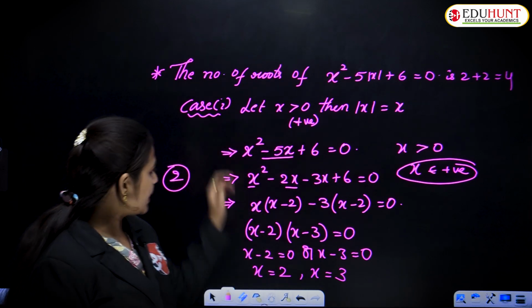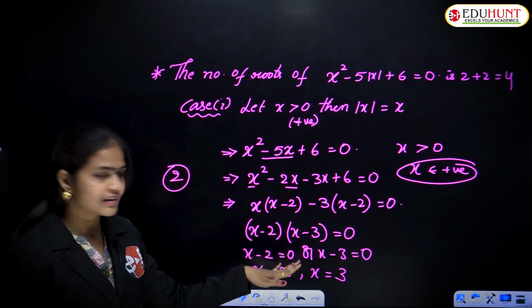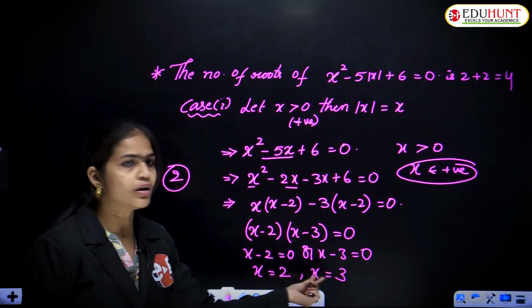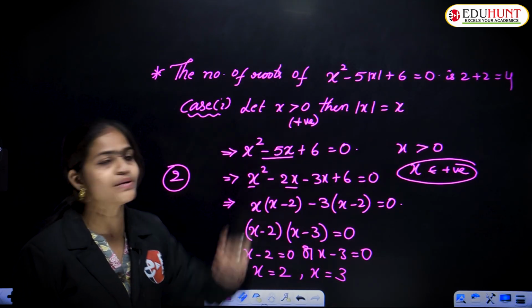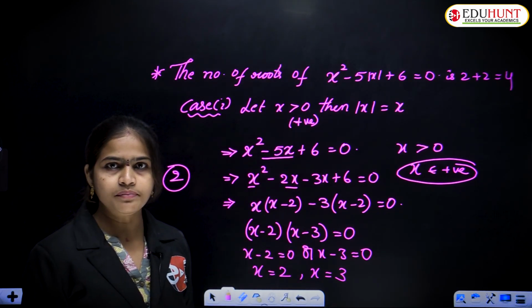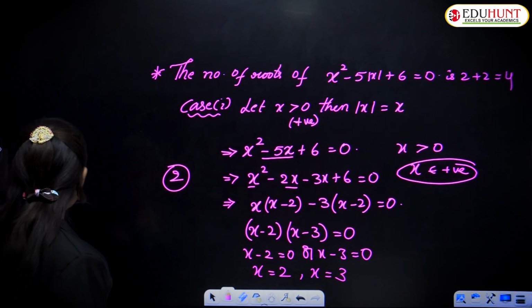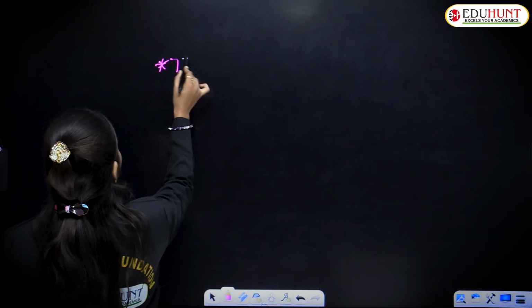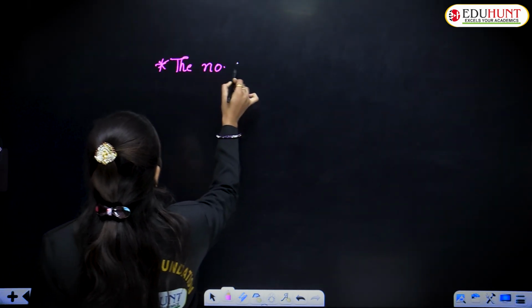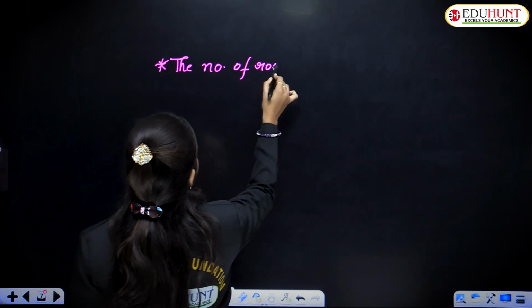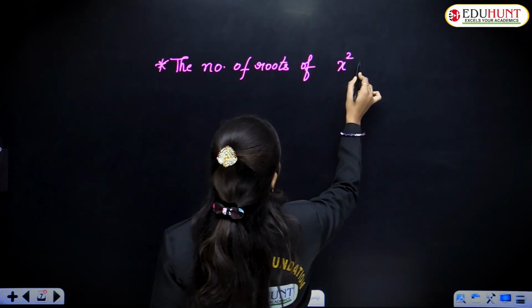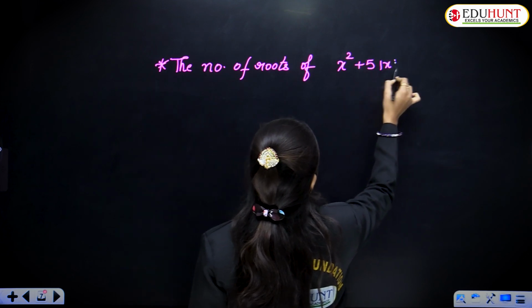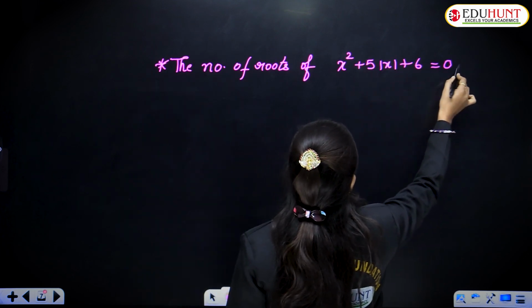Understand? So by observing this you may get clarity, I think. Here we got 2 roots only in each case, and in total how many roots there are, that is what we are saying. So the next condition is the number of roots of x square plus 5 modulus x plus 6 is equal to 0.